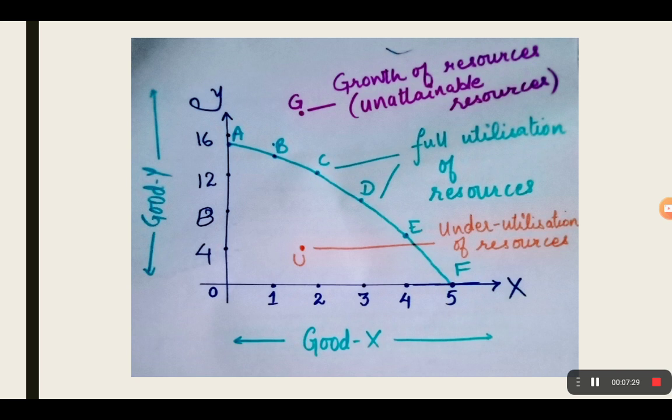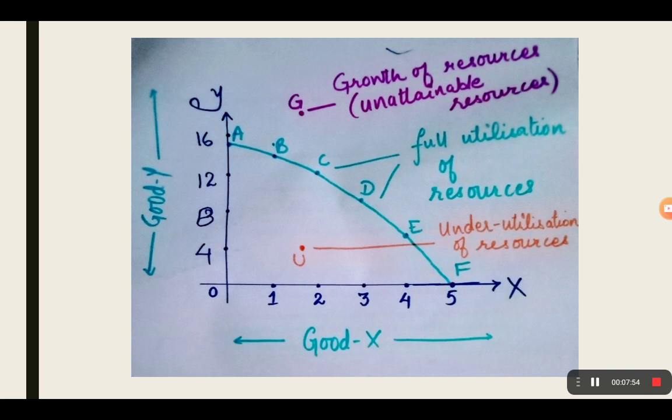All these combinations are said to be full utilization of resources points. And any point lying on the PPC, apart from these 6 combinations, will also be referred to as the point of full utilization of resources.